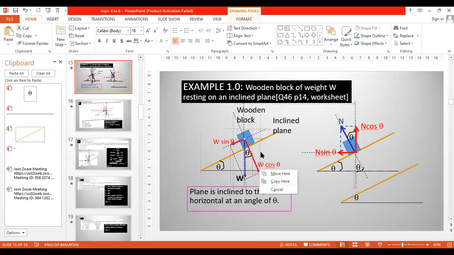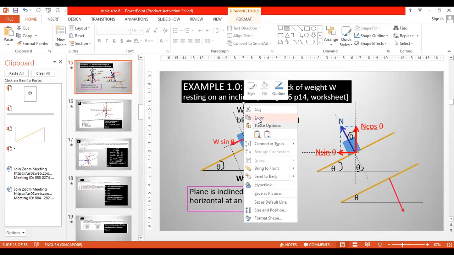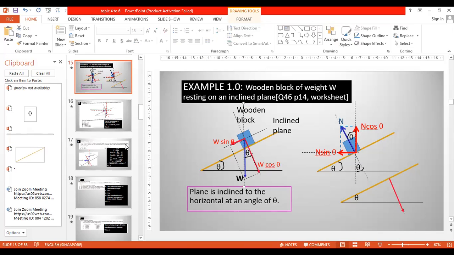So basically, we are just sliding this one down. That's all. We didn't do anything illegal. And then draw your vertical line. There's a vertical line.